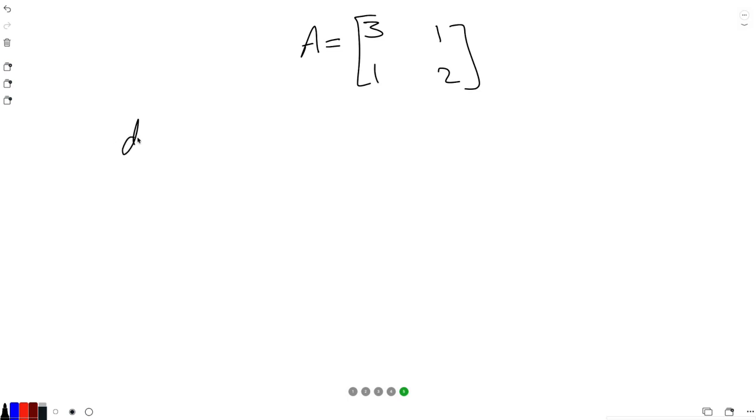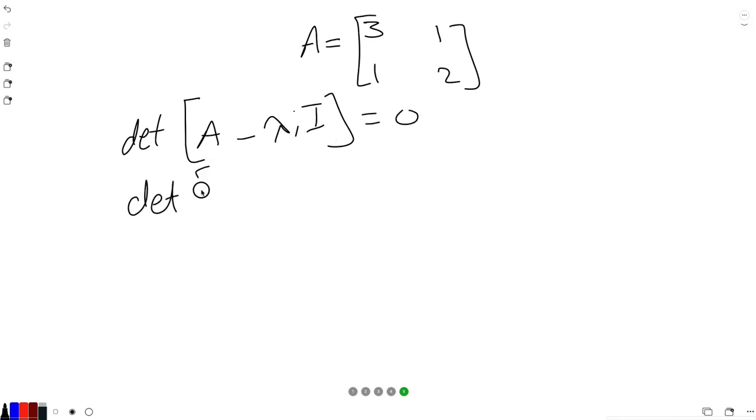So the determinant again of A minus lambda I equal to 0, then the determinant becomes 3 minus lambda I, then 1 minus 0 is 1, 1 minus 0 is 1, and 2 minus lambda I in this case.